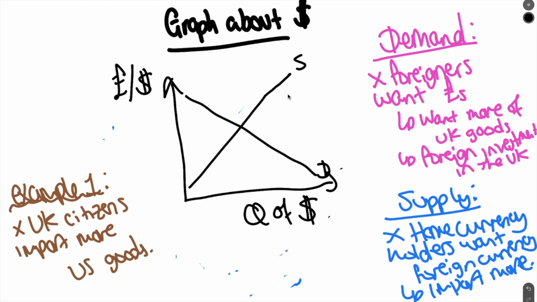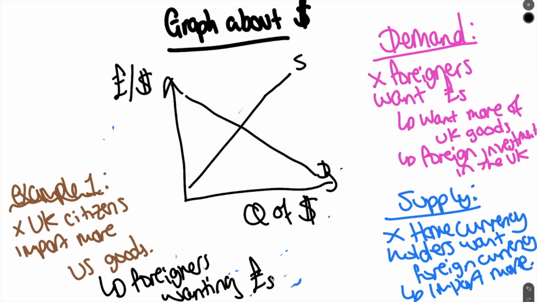But we need to think about this carefully. So we're saying that UK citizens are importing more US goods. That was our scenario. What did that mean? What that means is the UK people are the foreigners in this graph, okay? So foreigners are wanting pounds, because the graph is about dollars now, not about pounds.